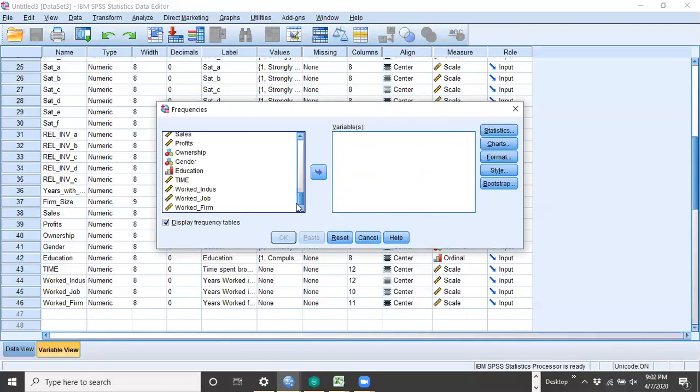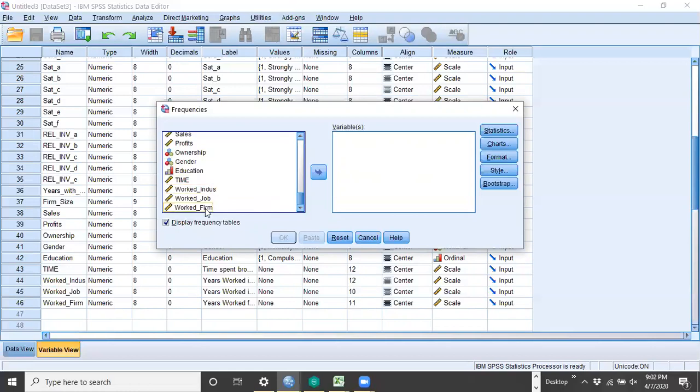So some of my measures of central tendency, like mean, median, mode, may not be appropriate for a particular variable due to level of measurement, but I still go ahead and run them all at the same time just to save time. And I'll explain more as it shows up.